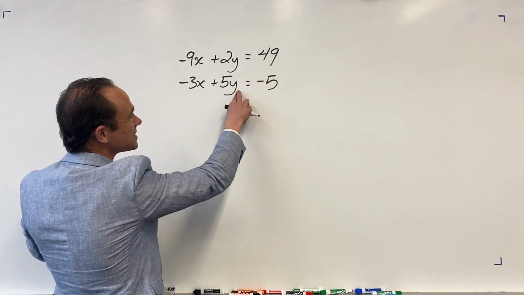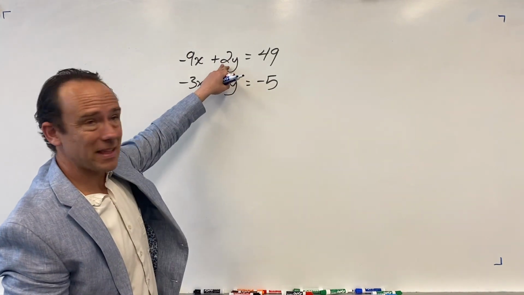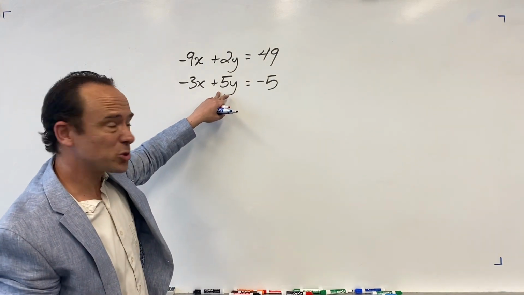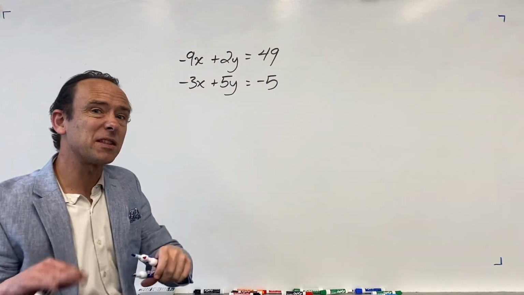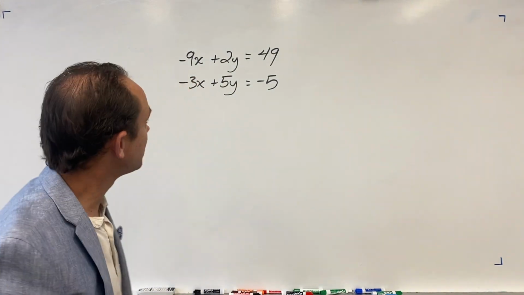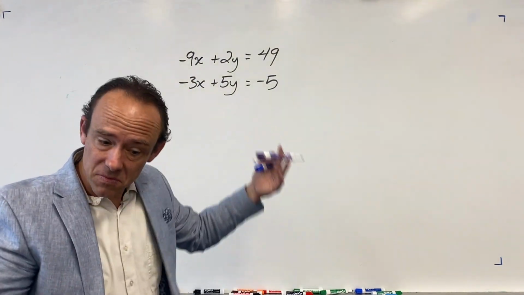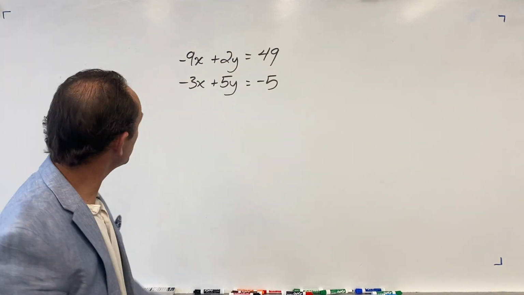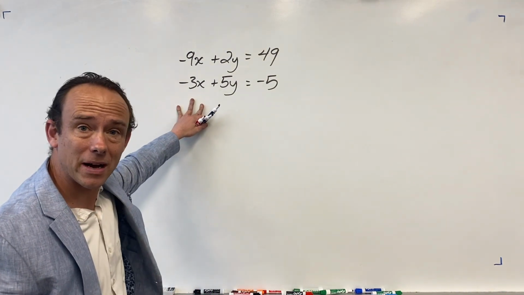The y's, I could multiply the top equation by 5, and then multiply the bottom equation by 2, and that would get my y's to be the same, which I like. So I could do either one. There's a few ways to do this problem. I think what I'm going to do is just multiply the bottom by 3.